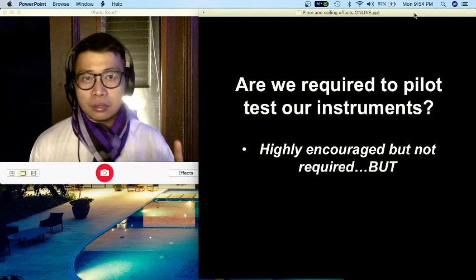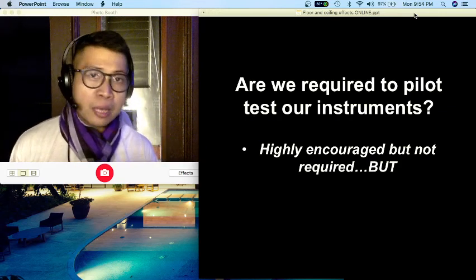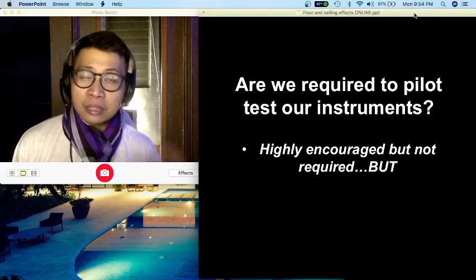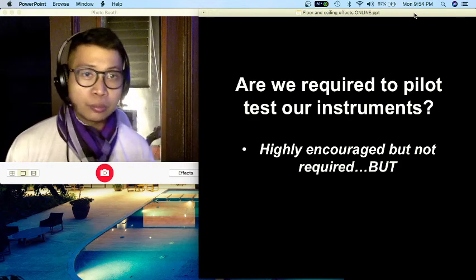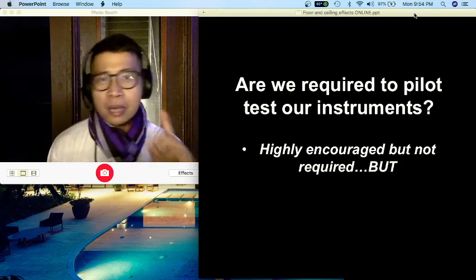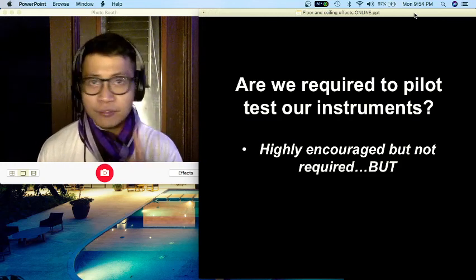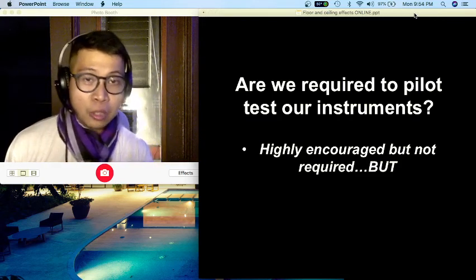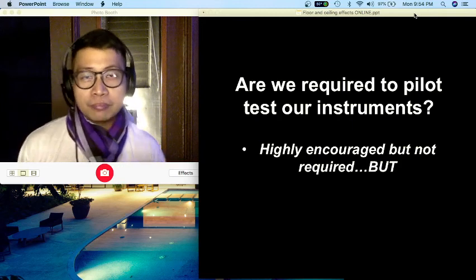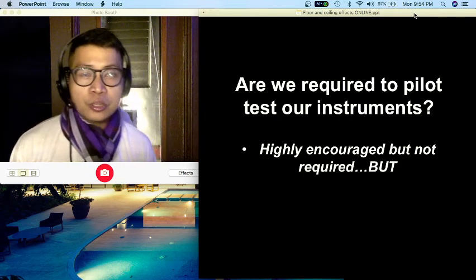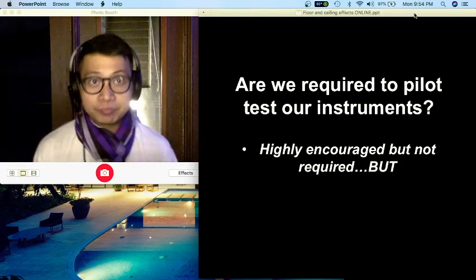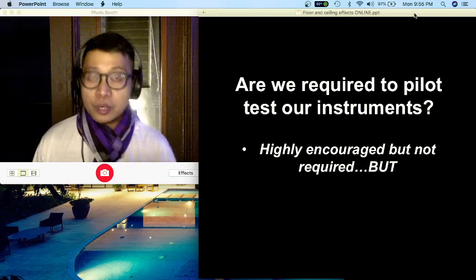But for those of you who will not be doing pilot testing, dapat at the back of your head, lagi mong pagdududahan yung data nyo later on, whatever that is, na baka meron siyang floor or ceiling effect because you did not pilot test your instrument. In fact, what I would recommend you to do is ilagay nyo na lang yon sa recommendations part ng inyong video presentation.